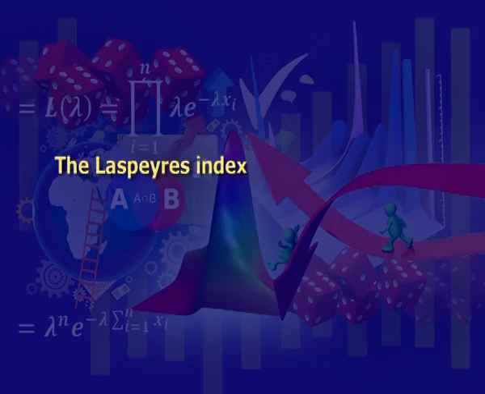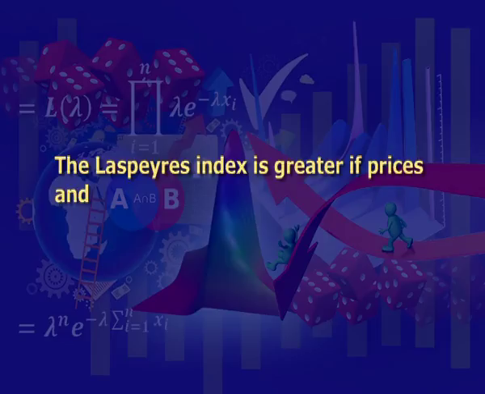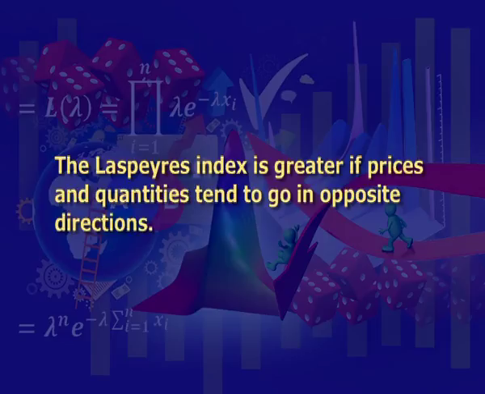Using this property, it has been statistically proved that the Paasche price index is greater than the Laspeyres if price and quantities tend to move in the same direction between years 0 and 1. The Laspeyres index is greater if price and quantities tend to go in opposite directions.